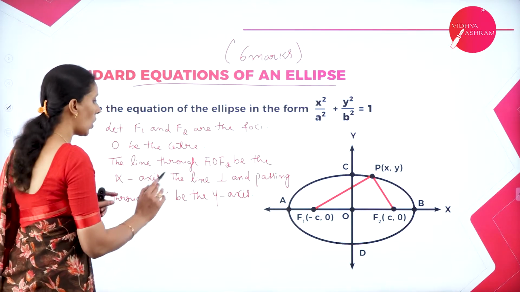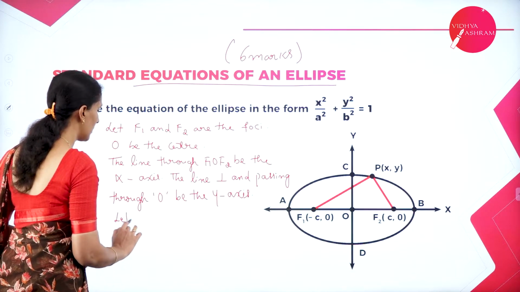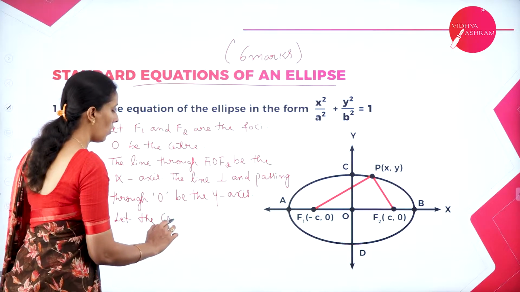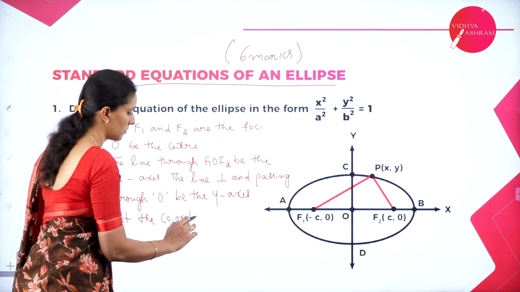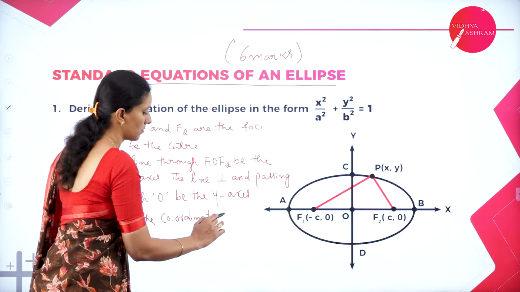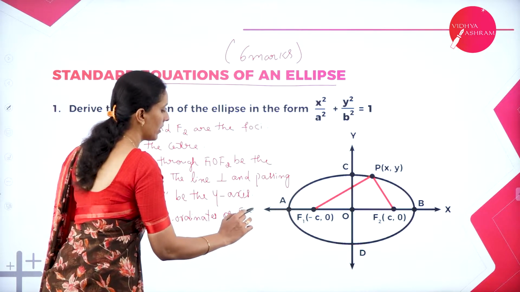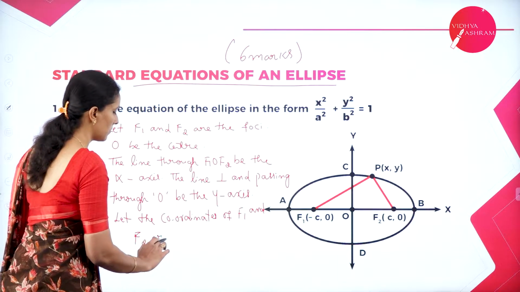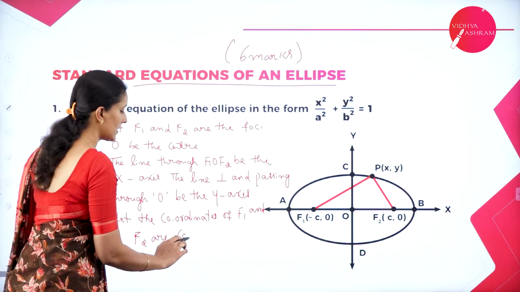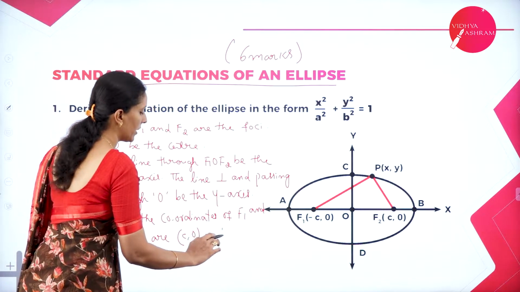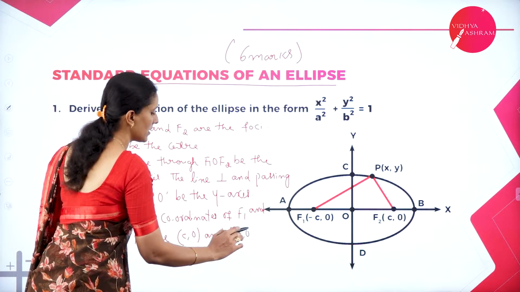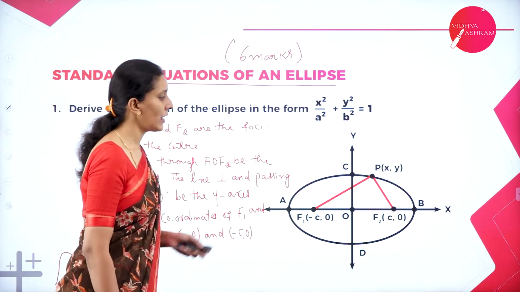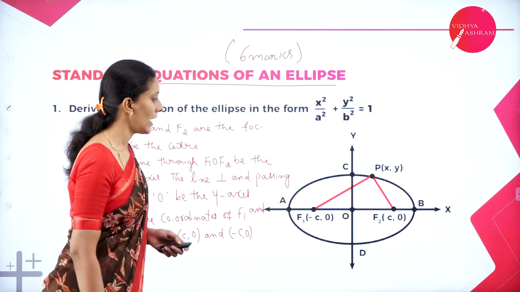Next, let the coordinates of F1 and F2 be, F1 is c comma 0 and F2 is minus c comma 0. Now let us take any point P on the ellipse.